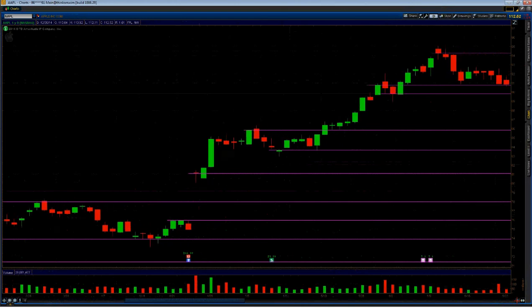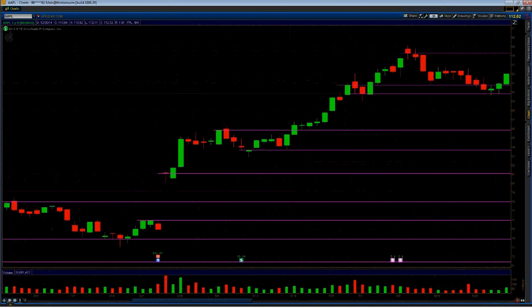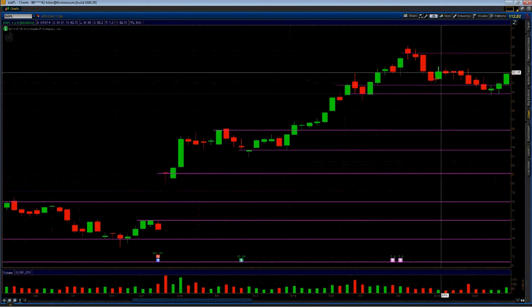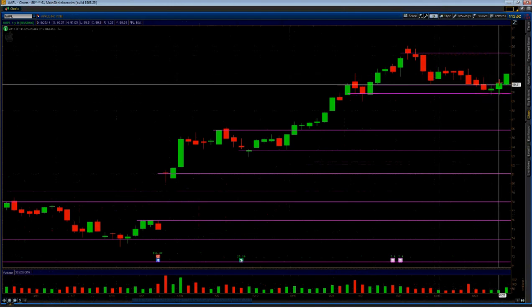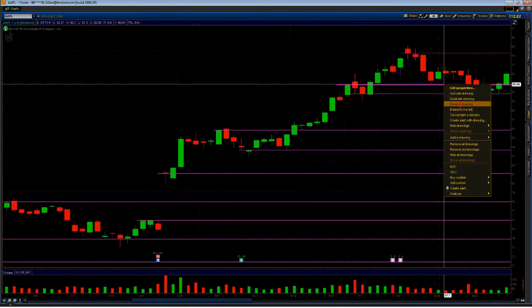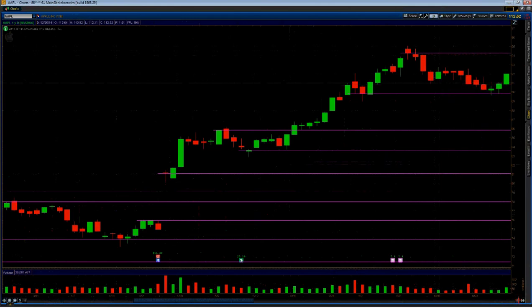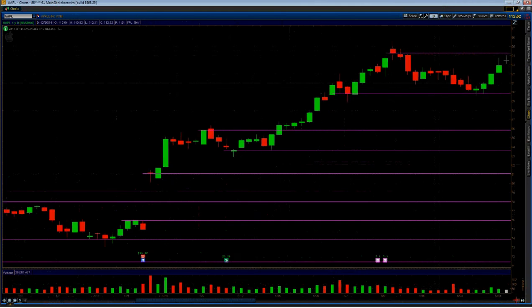But as we go on, sometimes it'll bite you. But ironically, even though I would have bought here, I would not be buying here. And I wouldn't have taken puts unless I broke below there.